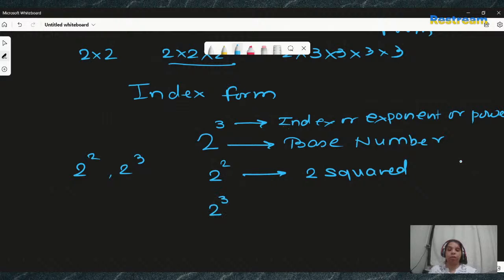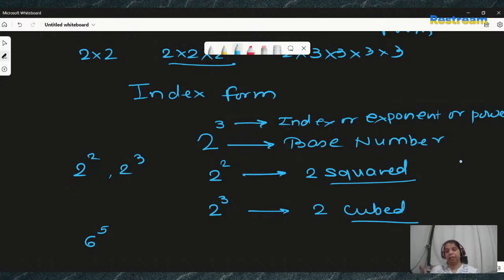Now 2 raised to 3 is called 2 cubed. So 7 raised to 3 is 7 cubed, 4 raised to 3 is 4 cubed. So it's 7 into 7 into 7, or 4 into 4 into 4. So only powers of 2 and 3 have a specific name of squared and cube, which you will be using after this. But let's say you have something like 6 raised to 5.